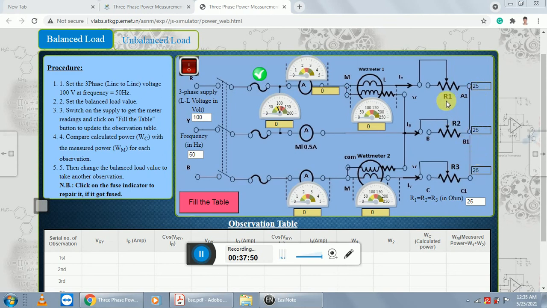So this is your balanced case. This is your R phase, Y phase and B phase. In between we place an ammeter, and in between we place a voltmeter, and this is your wattmeter. So this measures the power. This is your W1 and this is your W2. Okay, so in this case it gives a reading.